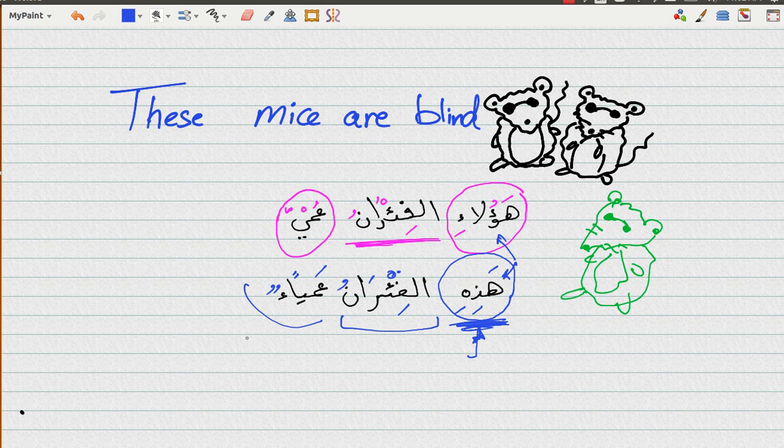And similarly, when you're adding an adjective, or in this case the خبر in Arabic, a piece of information, to فئران, even if you want to give them an adjective for animals, you will not use the adjective for the plural humans. You always have to use the singular female form.